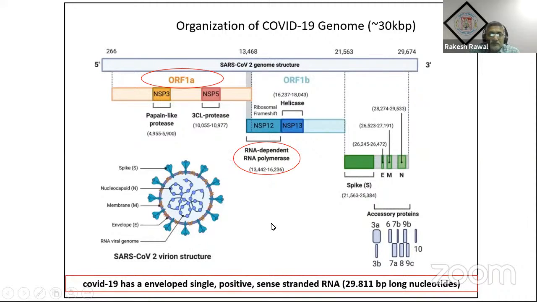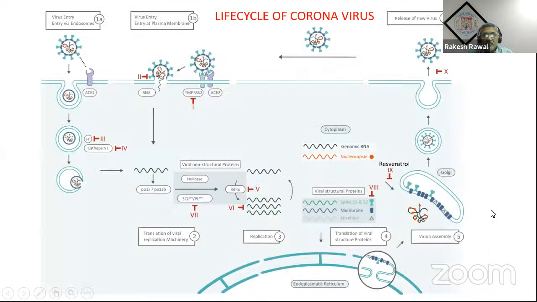We are now well aware of all those structural proteins which make the crown of this virus, and it surrounds the genome and protects it. It is an enveloped, single positive-stranded sense RNA with 29,811 base pair nucleotides. These are the molecular facts, and these are the structural proteins which protect them.